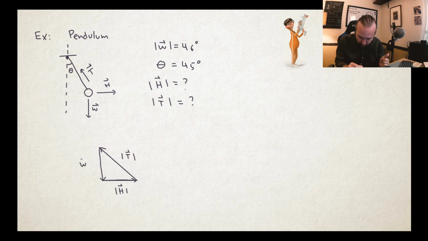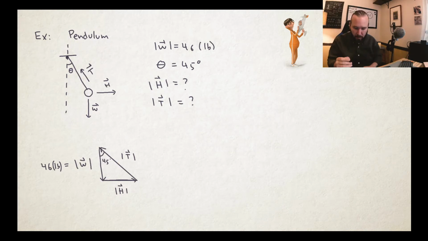The arrow is W, and the length of that arrow is the magnitude of W. So there's theta. In our problem, this is 46. Oh, I wrote degrees. That's not right. You don't measure your weight in degrees. Sorry, this should be pounds. So this is 46 pounds. And then we're asked to come up with T and H.